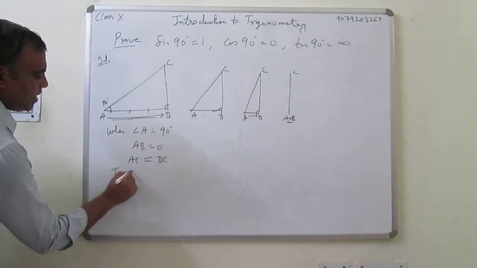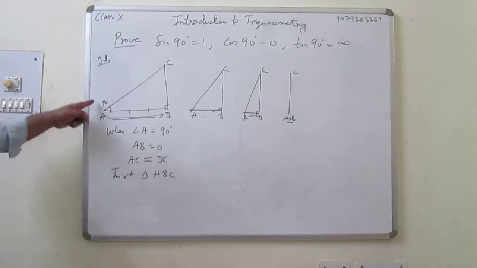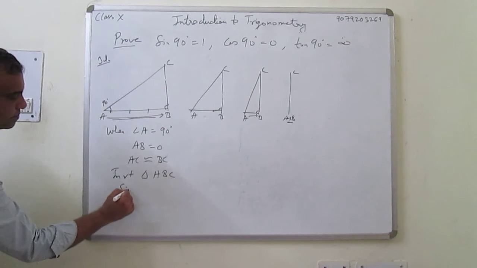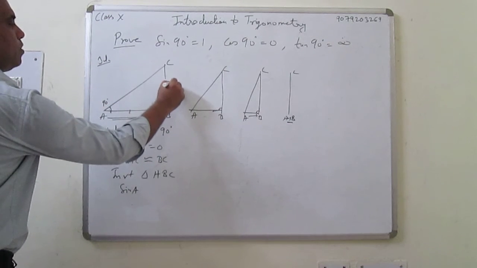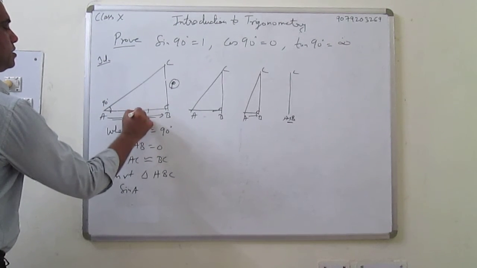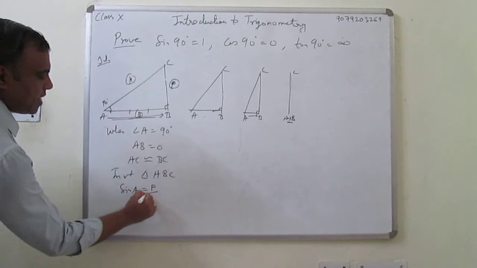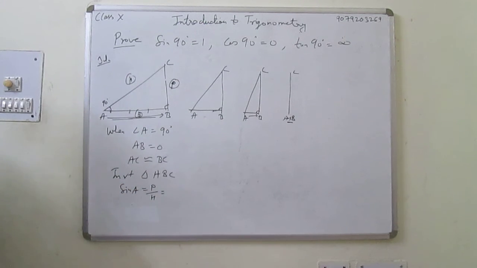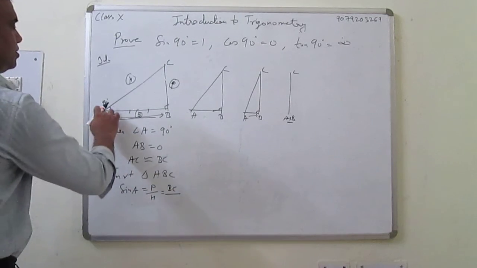Now in right triangle ABC, what is sin A? Sin A: opposite to A is perpendicular, this is base, and this is hypotenuse. Sin A is P upon H. So what is P? BC, and what is H?